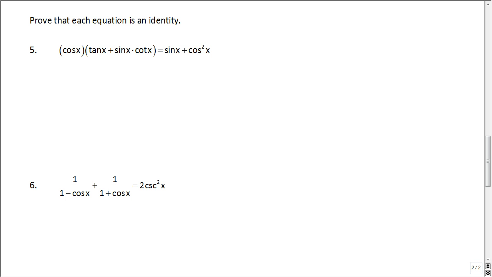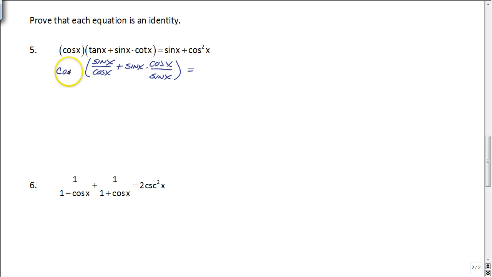What we're going to do here is manipulate the left side to make it look exactly like the right side. Now, you can see that the right side is sine and cosine only. So one of the first things you might want to do here is rewrite this as sine x over cosine x plus sine x times cosine x over sine x.